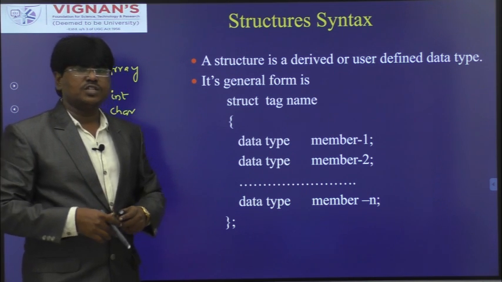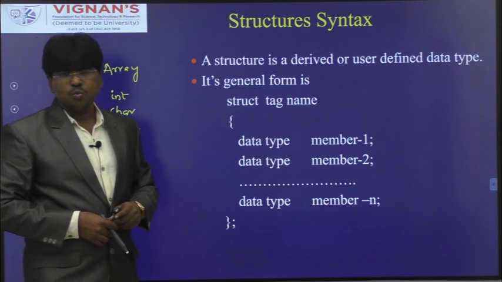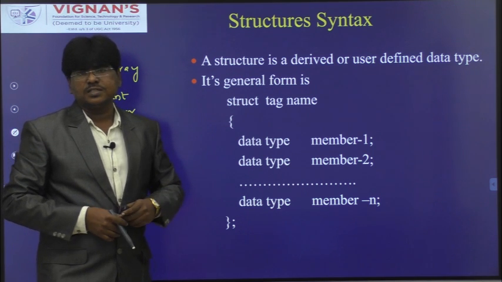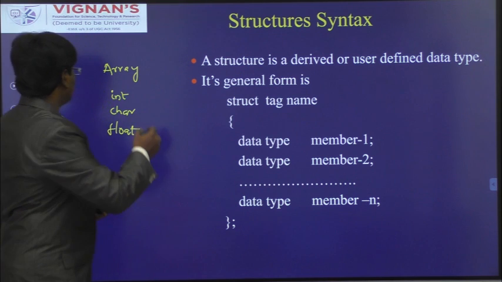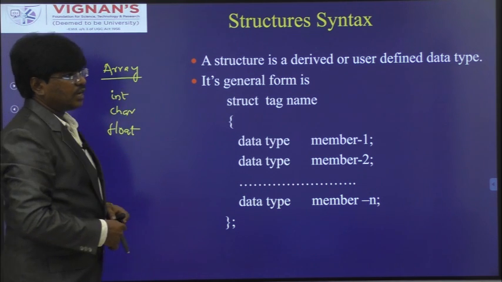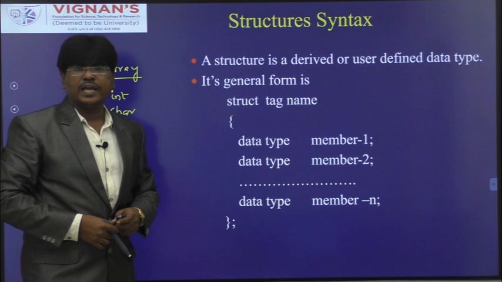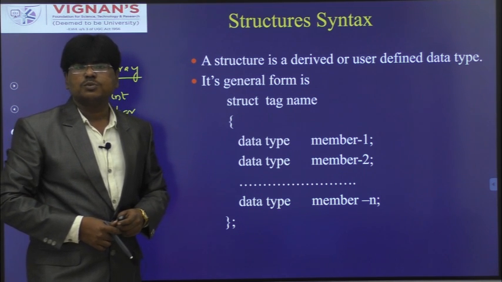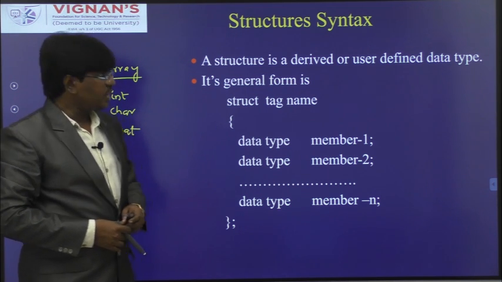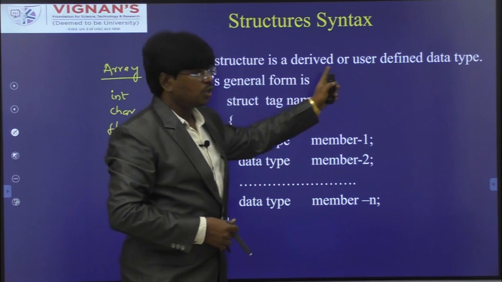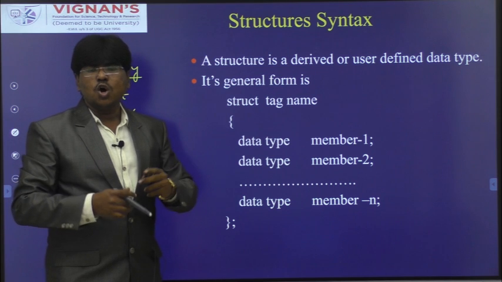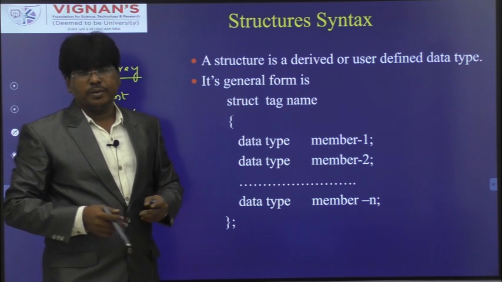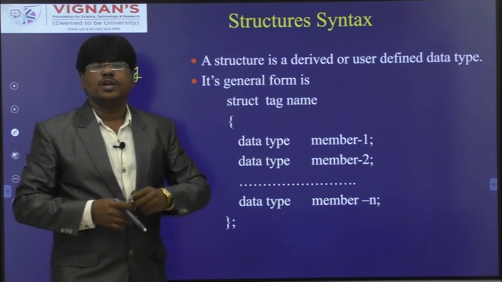But what is the disadvantage of an array? If you want to group different data elements at a single place, that cannot be done with the help of arrays. So that's why the developers of the C language introduced one concept called structures. A structure is a derived or user-defined data type that can be used to store different data elements at a single memory location.